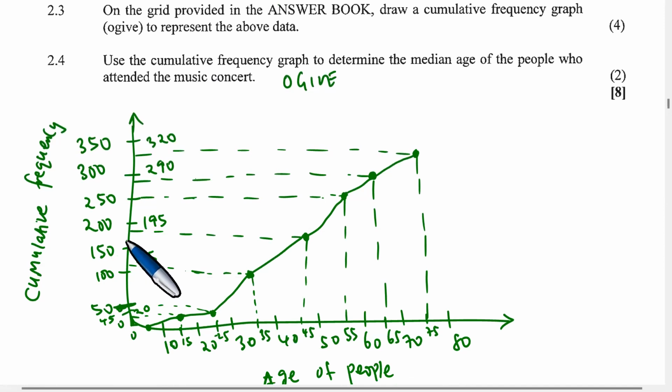So you're going to cut just above 150, and you draw like this, like so. And then you use your ruler and drop down like this.